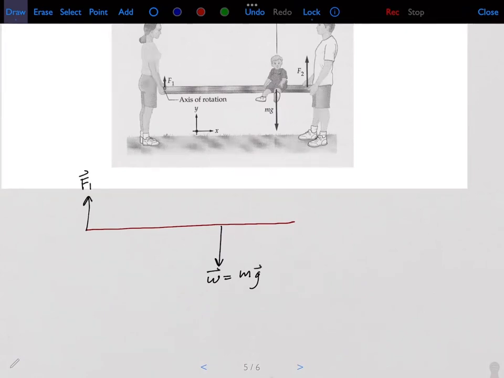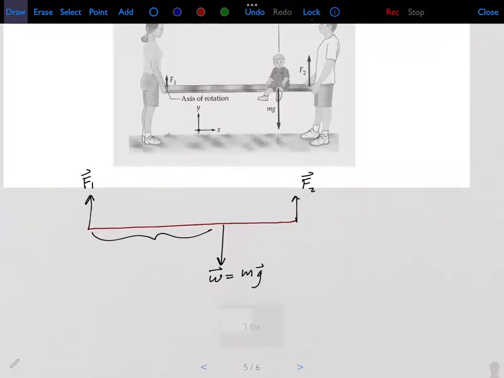And then F2 is on the guy's side right here. So that's F2. And we know that this distance is 3/4 L. Are we given that? Yeah, and then 1/4 L. So this is 3/4 of the total length of the plank, and this is 1/4 the total length of the plank.